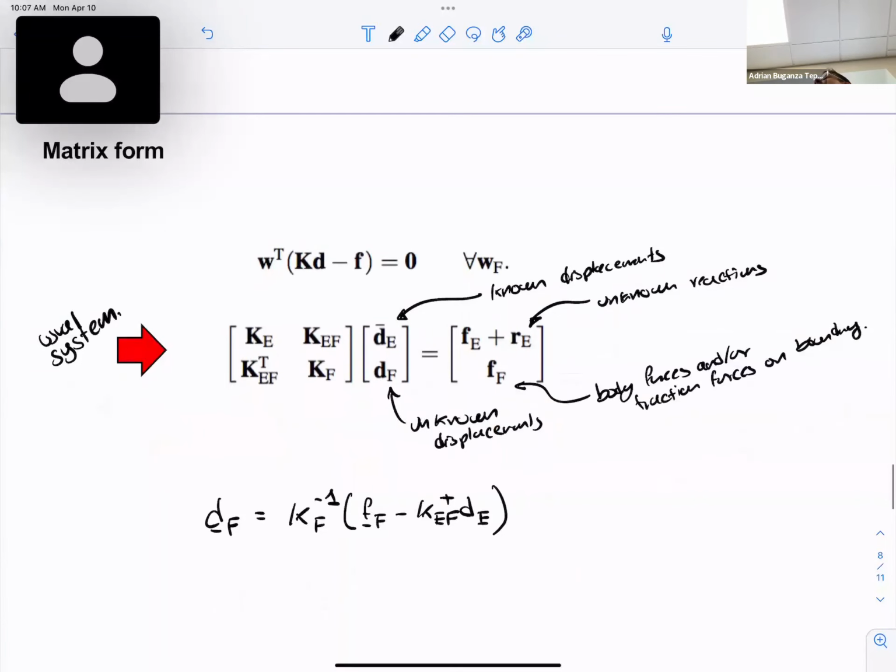So that will be the solution with the matrix partition. Any questions?